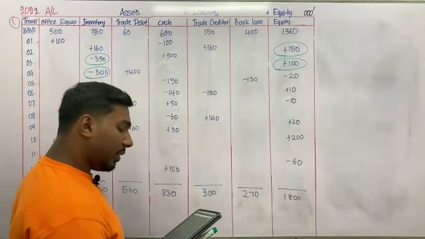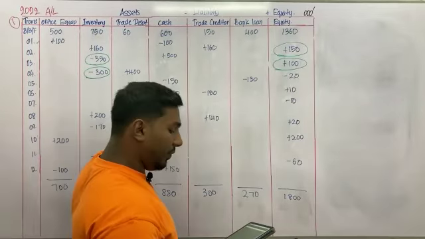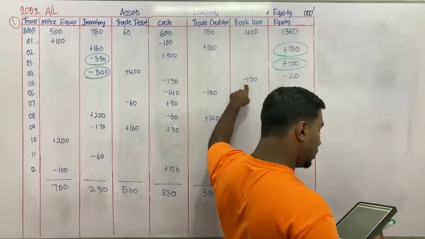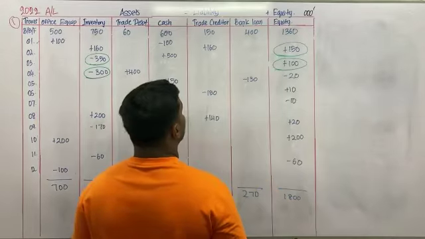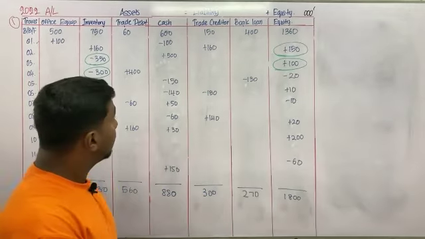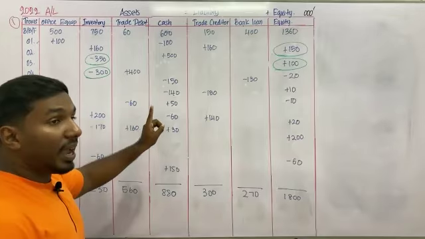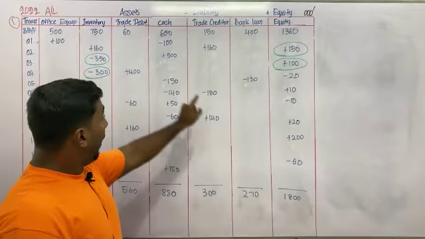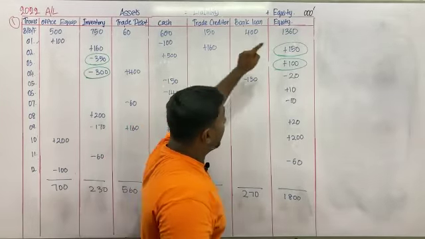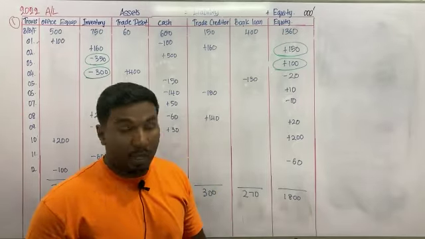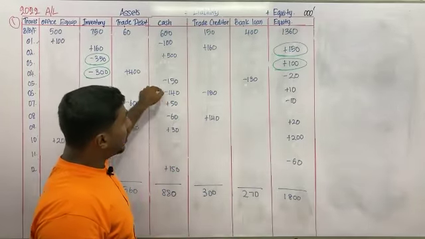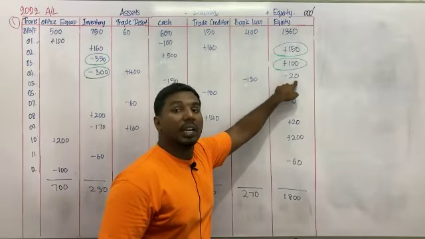Transaction number 5. Equity minus 20, bank loan minus 130, 150 in the cash, which means bank loan installment paid 150,000, which includes 20,000 interest.